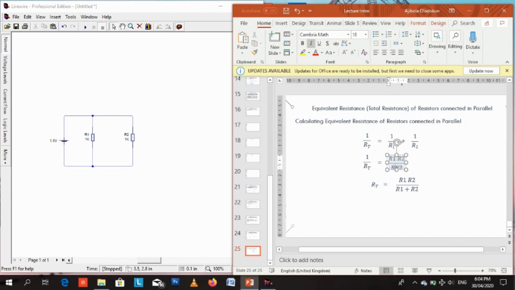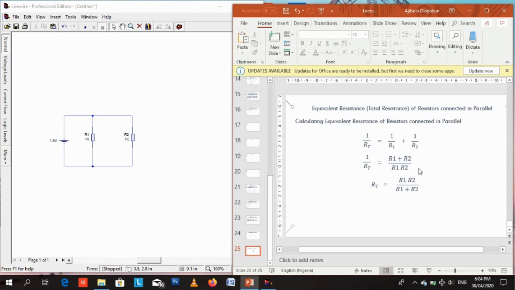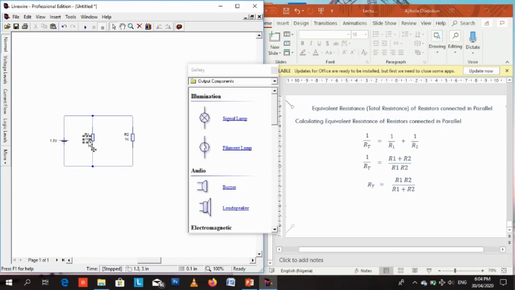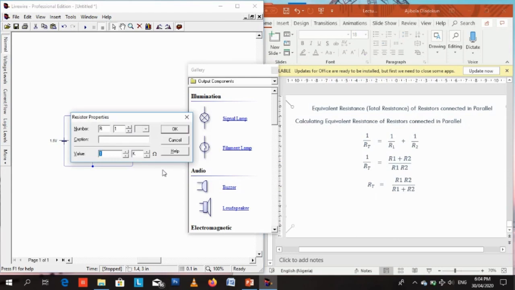The LCM of R1 and R2 is R1 R2, just multiplying the denominators of both fractions. R1 R2 divided by R1 gives you R2, and R1 R2 divided by R2 gives you R1. So that's R1 plus R2 on the numerator and R1 R2 on the denominator. Then we find the reciprocal, and you get that. So that's the formula for total resistance or equivalent resistance of resistors in parallel.